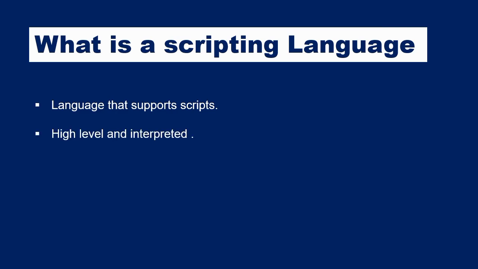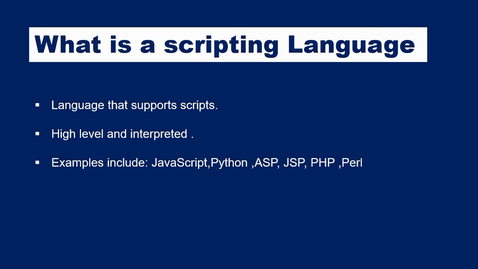Examples of scripting languages are JavaScript, Python, ASP, JSP, PHP, and Perl. A scripting language is an interpreted language. That means it relies on another program to translate what the instructions are before it can carry out the instructions.